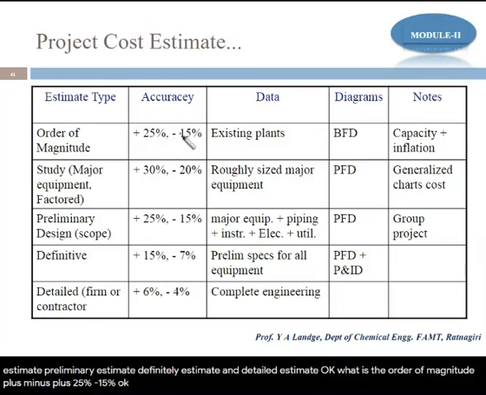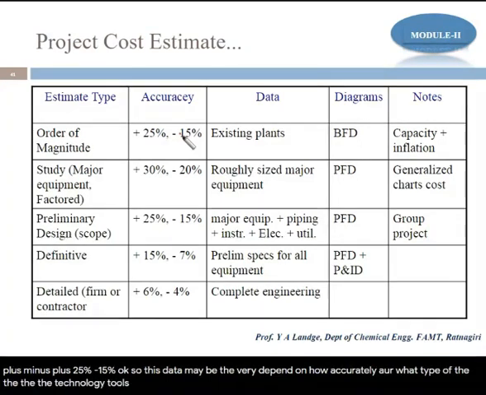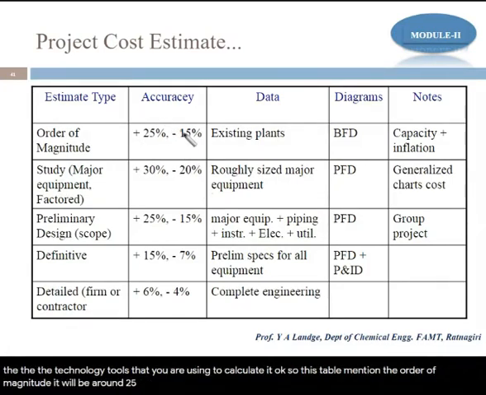This data may vary depending on how accurately, or what type of technology tools, you are using to calculate it. So in this table they mention the order of magnitude will be around plus 25% to minus 15%. What is the data? Existing plant. So you get this data from an existing plant.